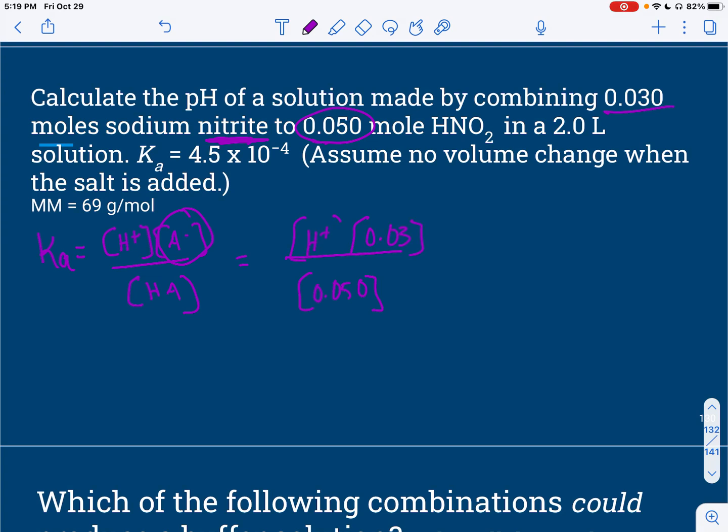And then H plus we're going to find by setting it equal to our Ka. And your pH is this. So this is a buffer, but its pH is going to be 3.12. All that means is that the buffer is going to stay at that pH, even if we add little bits of either acid or base.